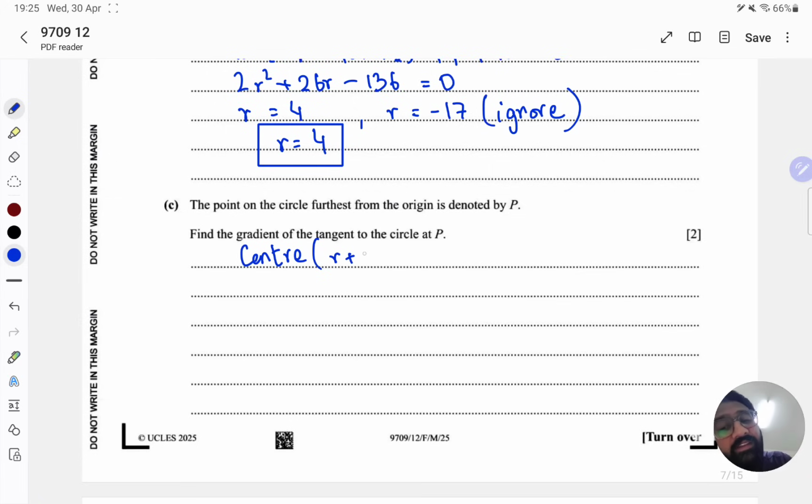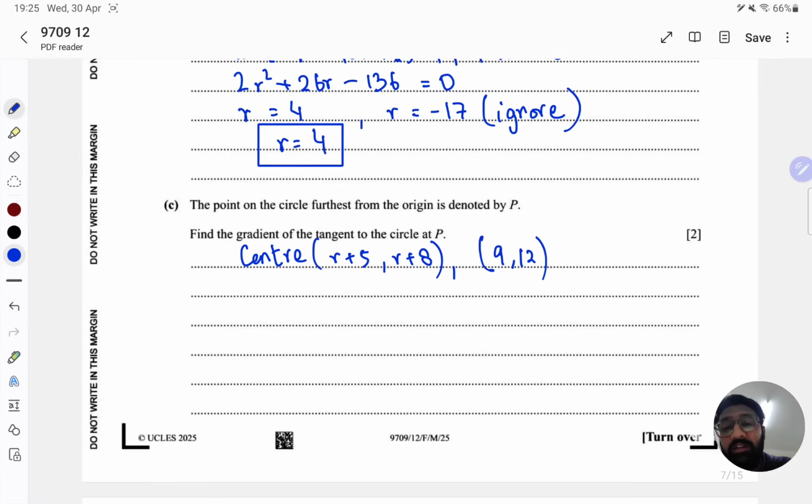The coordinates of the center are r plus 5 and r plus 8. So if I substitute the value of r to be 4, it will be 4 plus 5, 9, and 12. So the coordinates for the center are going to be 9, 12.